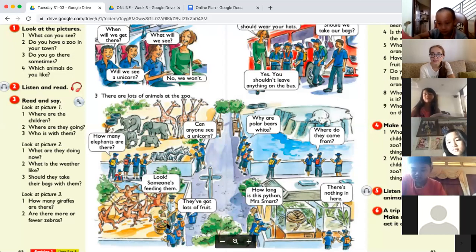Okay, make sentences. What should the children do at the zoo? Think of three different things. You can look at the animals. Feed them. And I heard something about information. Yes, very good. You can find information.